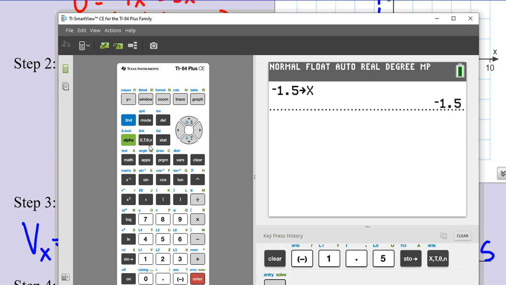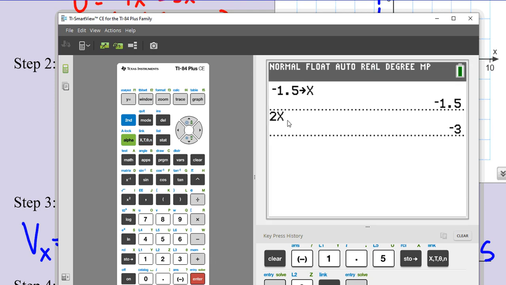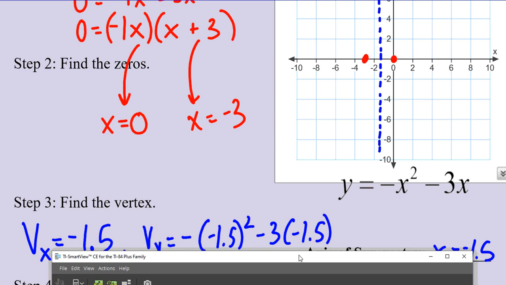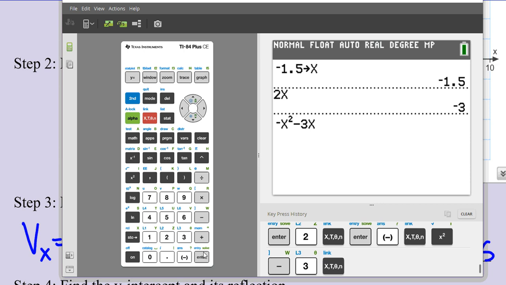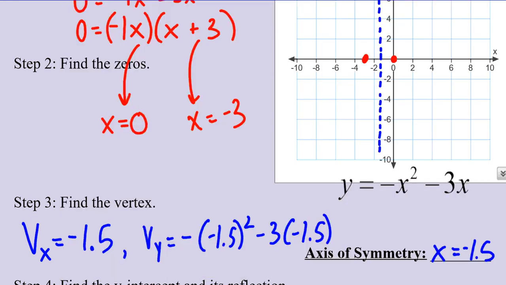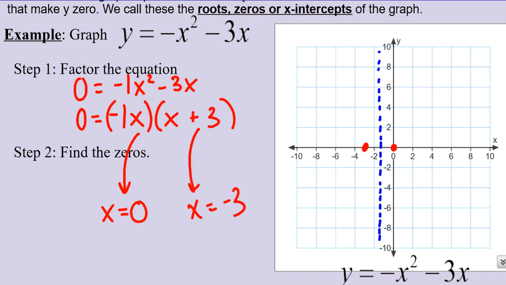Now, whenever you grab x, 2 times x is -3, because it thinks that x is -1.5, because that's what you told it. Now we're going to type our equation in, -x squared subtract 3x, and it will just run the calculation for us. 2.25 is what this should end up being. So my vertex is at -1.5, positive 2.25, right there.